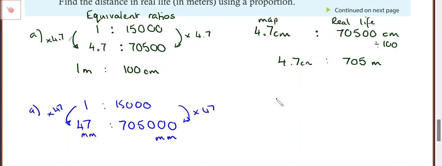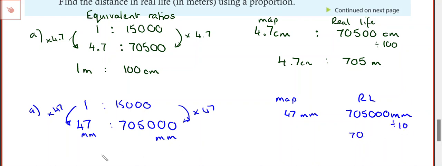So we then have map 47 millimeters, real life 705,000 millimeters. But what we would do is divide by 10 because 1 centimeter is 10 millimeters.